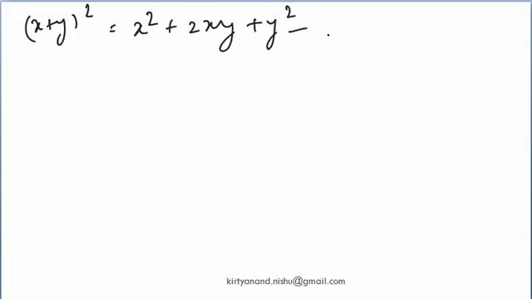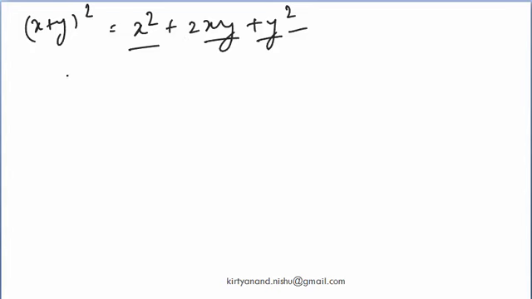We will start off with x plus y whole square, which is equal to x square plus 2xy plus y square. Now imagine a little kid who is going through this concept for the very first time, and finds it quite daunting to mug up this formula with absolutely zero logic.